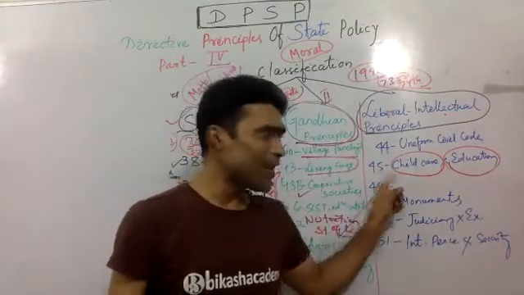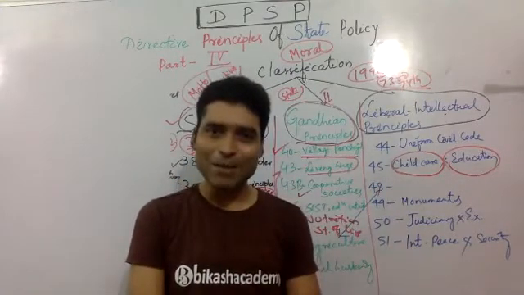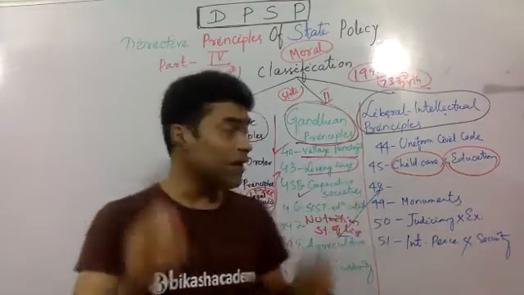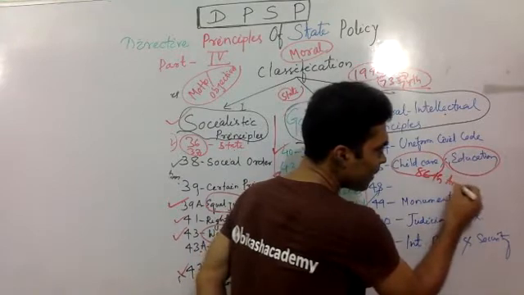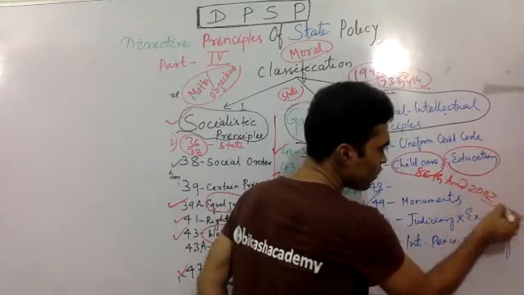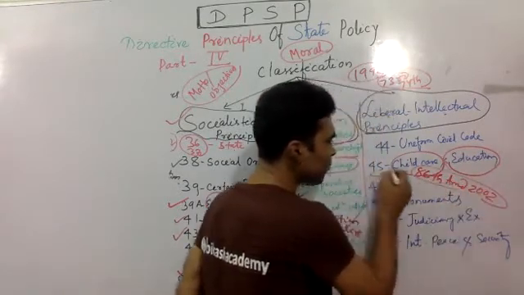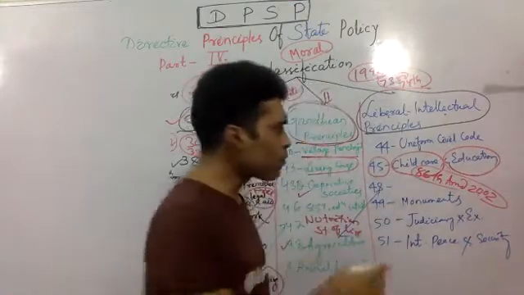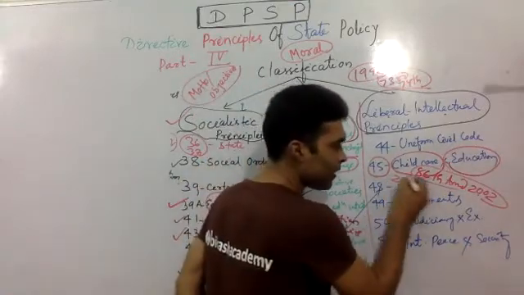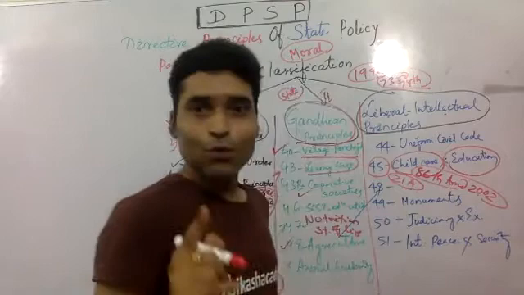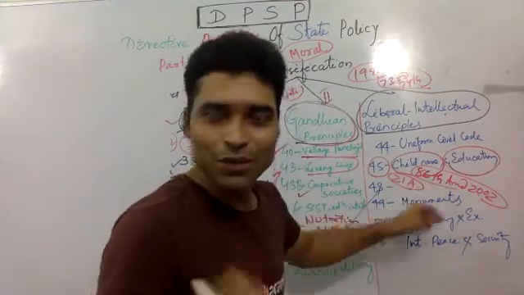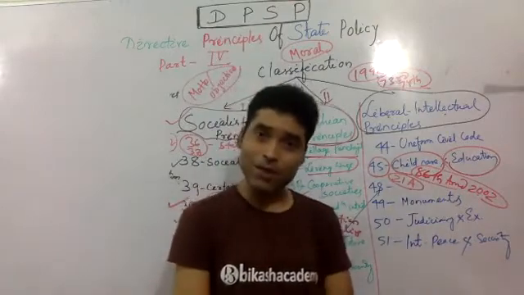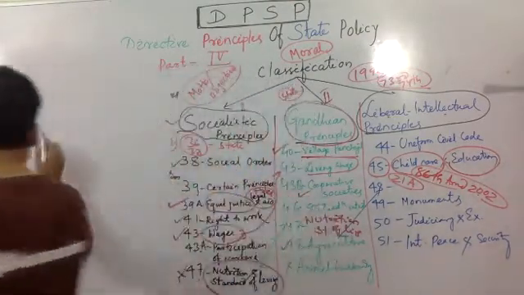And this was added in the 86th Amendment 2002. In 2002, this new article was added. Also 21A, the fundamental right to education, was added by the 86th Amendment 2002. This is the point you have to remember for the exam. Let me explain again.